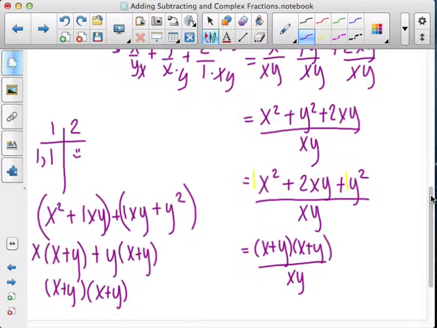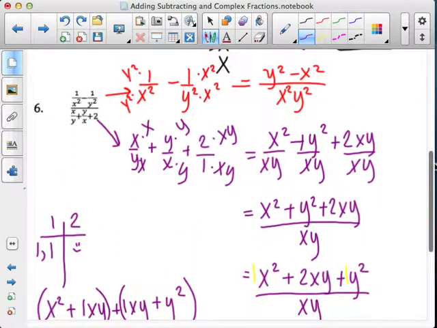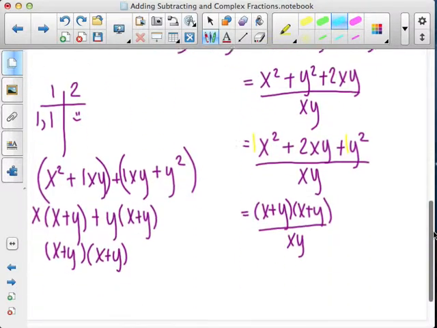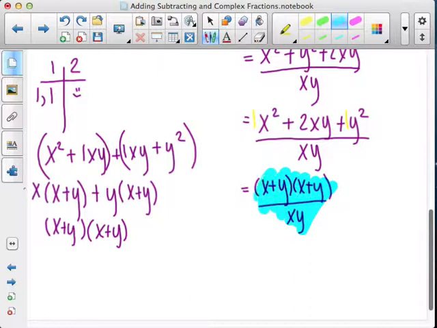Alright, getting kind of carried away here. So our numerator, this is my numerator. And way down here, this is my denominator.